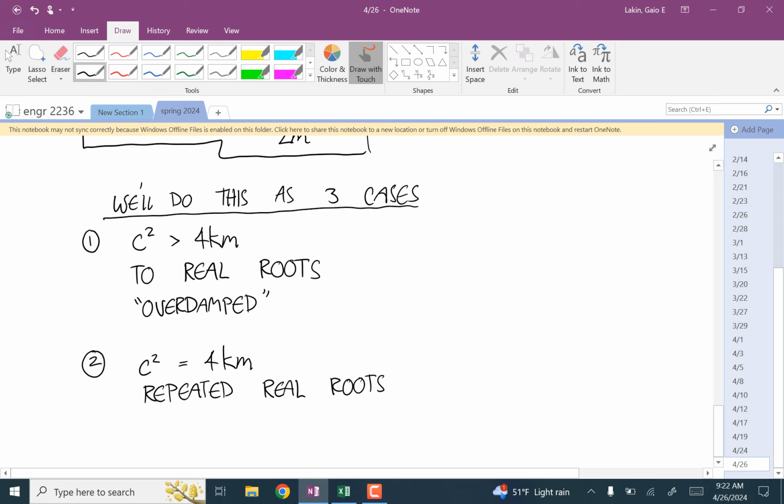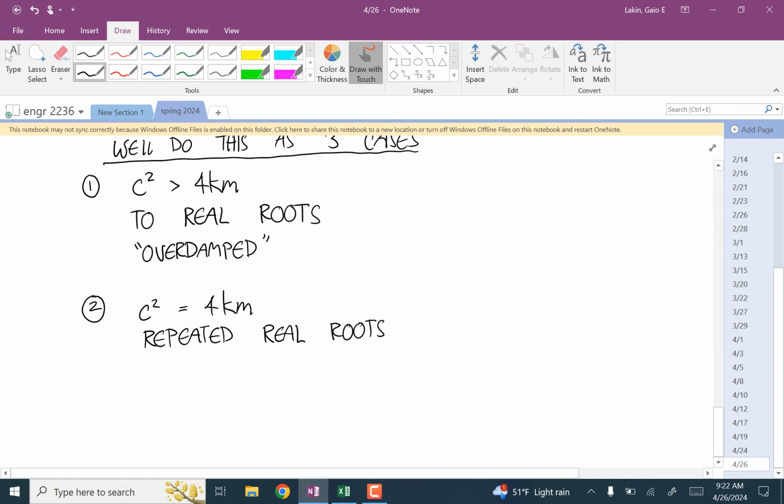It's in between where that square root is positive and where that square root is a square root of a negative number. And so we're going to call this critically damped. This actually has a really important physical meaning. When you have this exact relationship between the damping, the spring constant, and the mass, this is where you're returning to equilibrium the fastest. Okay, so this is called critically damped.